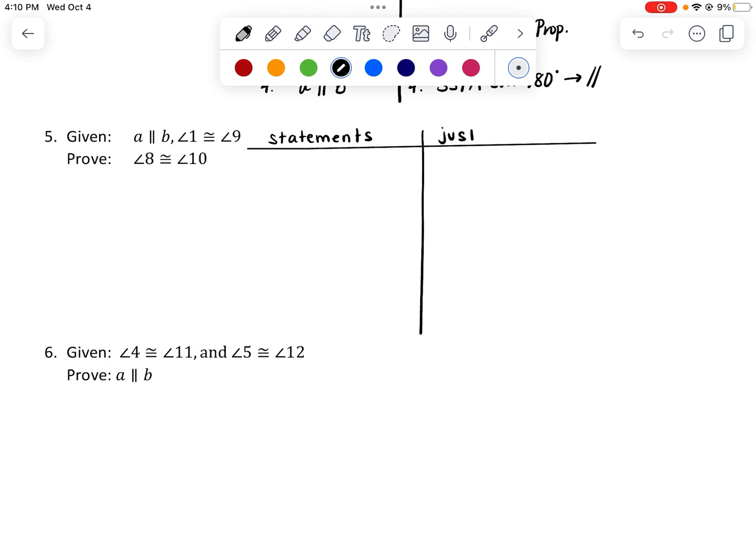Statements, justifications. Okay. Again, starting with the givens, I know that A is parallel to B and angle 1 is congruent to angle 9.